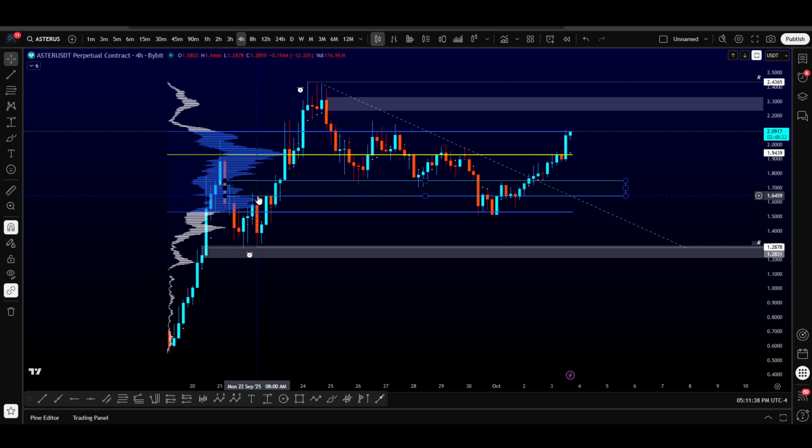I went over this project a few weeks ago, and with that being said, I remember talking about either this pullback or this pullback actually, because I said Aster is targeting $2, right?